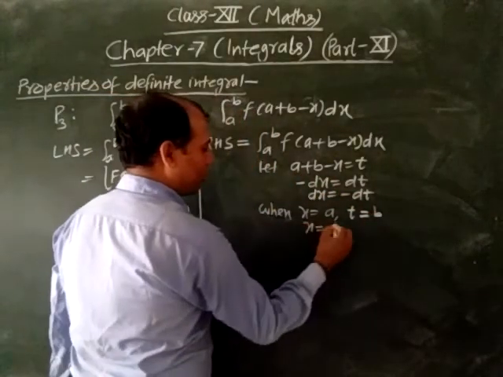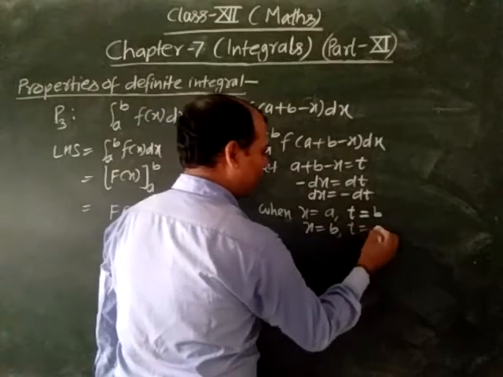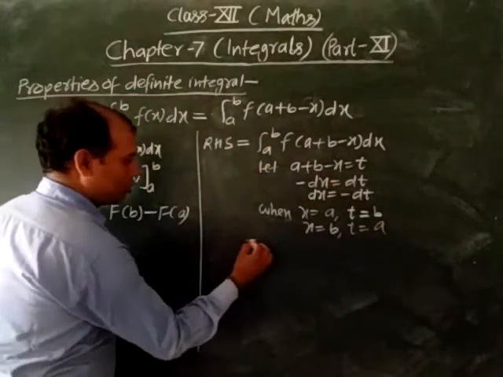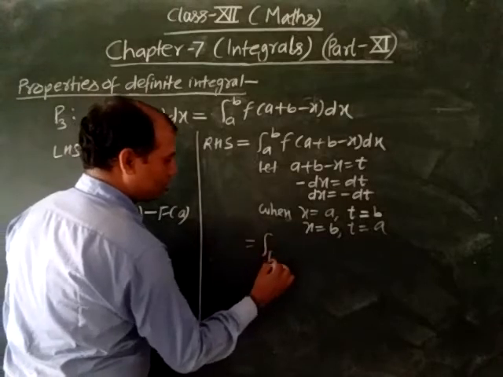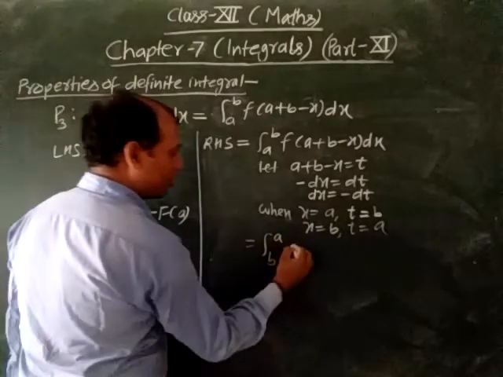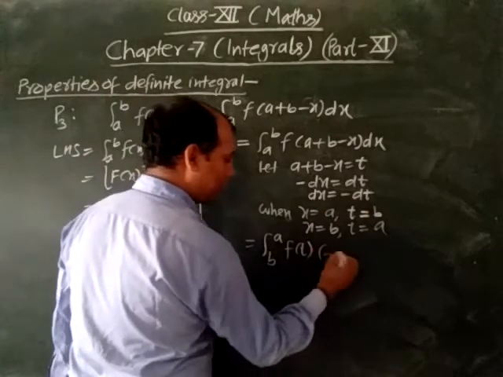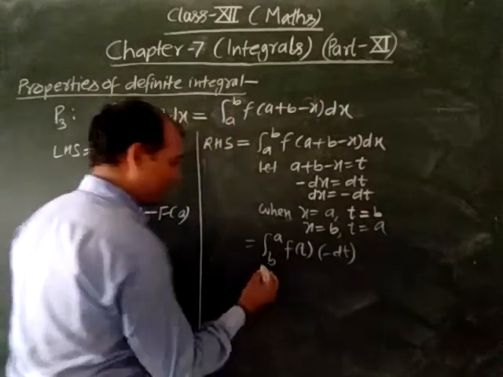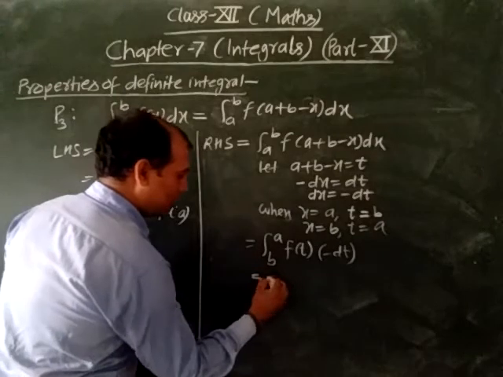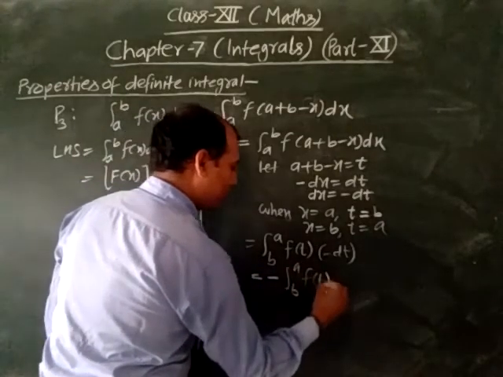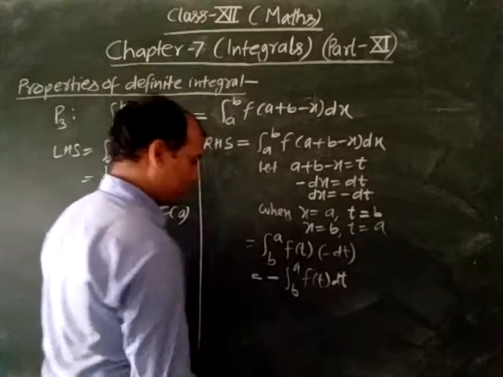And when x equal to b, we get the value of t is a. So RHS becomes integral from b to a of f(t) and dx is written as minus dt. This is minus integral from b to a of f(t) dt.